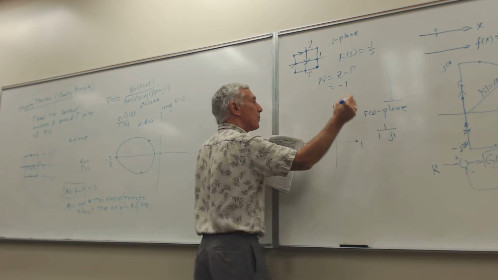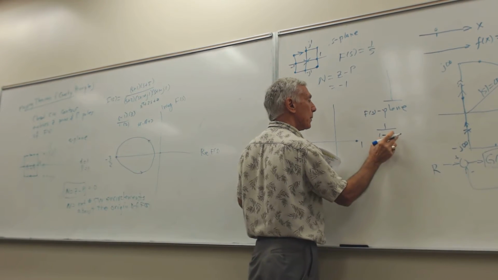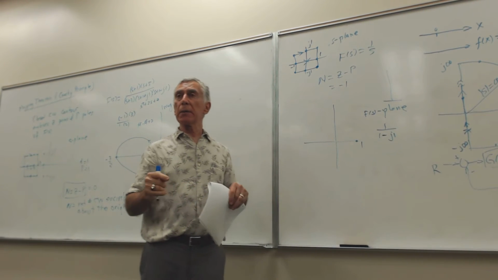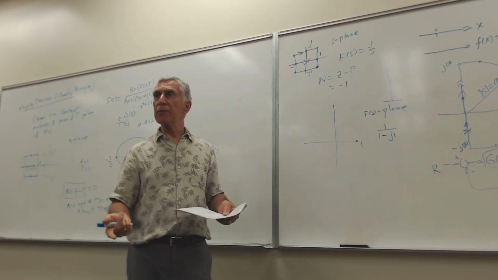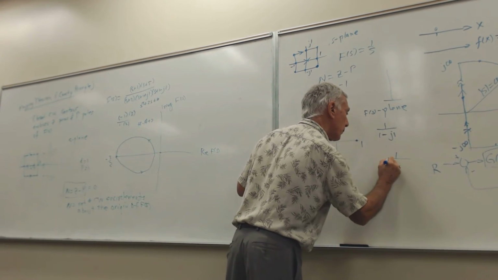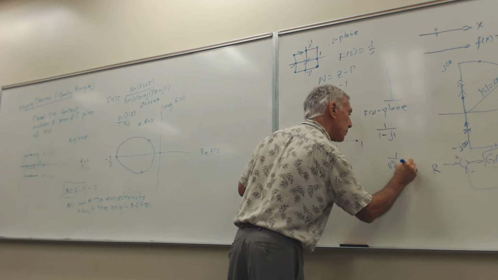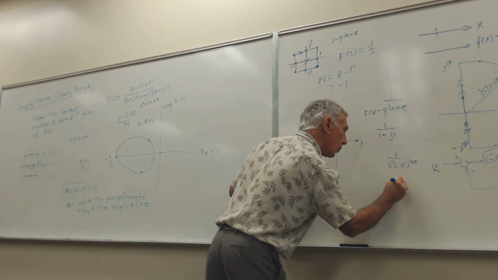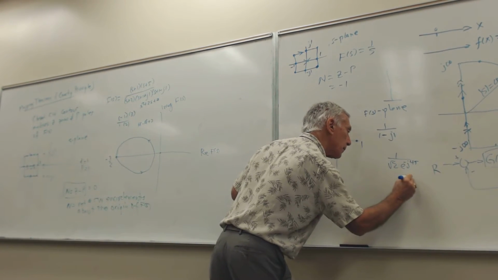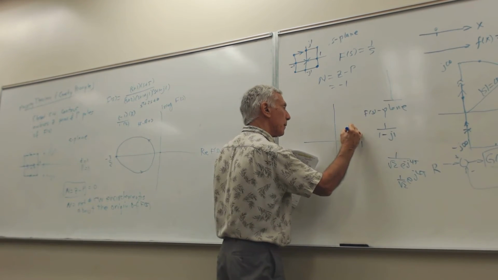So that's 1 minus j1. 1 minus j1 is going to give us minus 45, and the reciprocal is going to be plus 45. In other words, 1 over square root of 2 e to the minus j45 reciprocal is square root of 2 e to the j45. So it gives a point right there.